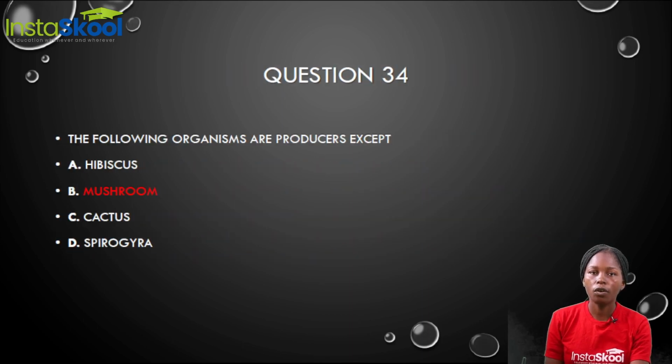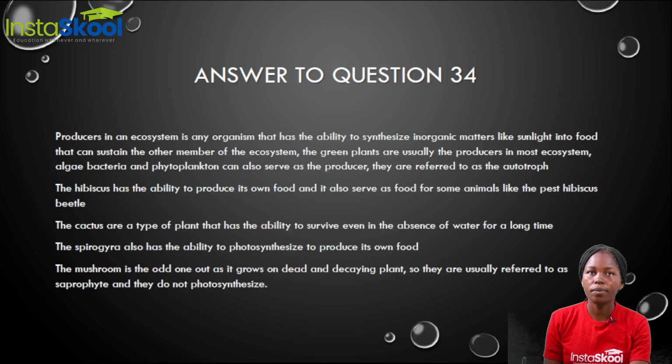Question 34. The following organisms are producers except. When we talk about producers in an ecosystem, the producers are the organisms that have the ability to synthesize organic matter. What I mean is, producers have the ability to transform sunlight alongside other matter into food.